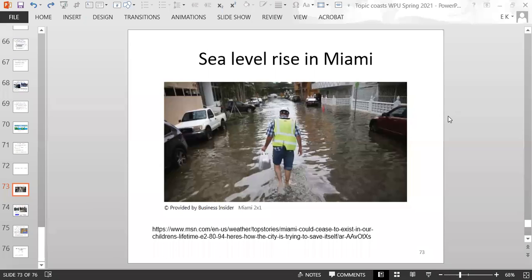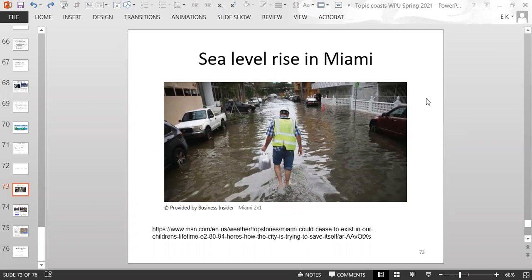So here is a picture showing you the sea level rise problem in Miami. And this is not a storm. It's not related to a storm, okay? This is just a regular day, and this is high tide. And this is a problem.